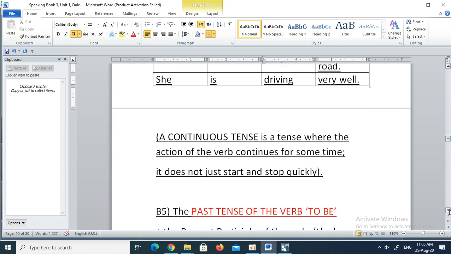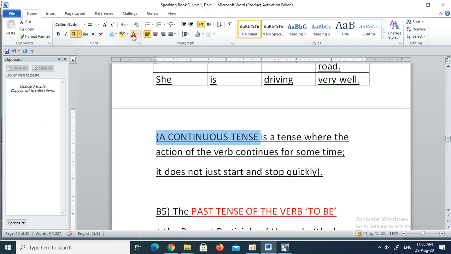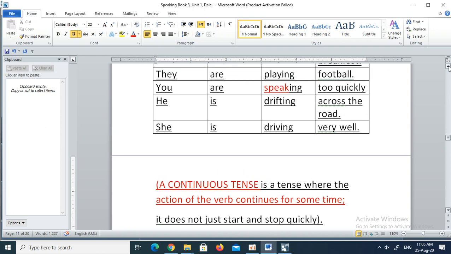Now, when we speak of a continuous tense, a continuous tense is a tense where the action of the verb continues for some time. It doesn't just start and stop quickly. So when we say she is driving very well, she doesn't just get in the car, drive for 3 seconds and stop.